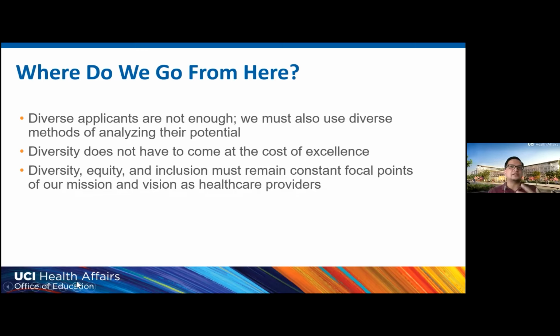And this is a question that happens all the time, that diversity does not have to come at the cost of excellence. We still can find ways to have excellent physicians who excel academically, who excel in patient care without compromising anything that we expect out of our top level hospital and patient care.